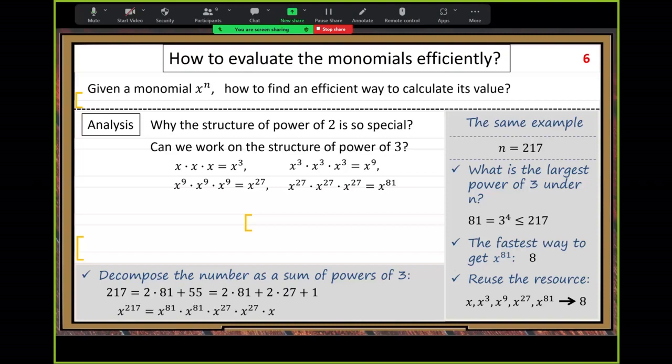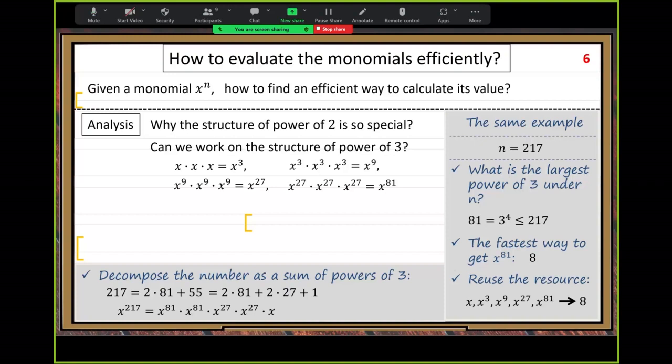Then our last representation, x to the 217, x to the 81st, this term is repeated twice because of the 2 coefficient. When you see 2 there, this x to the 27 should be repeated twice. 1 is repeated once.